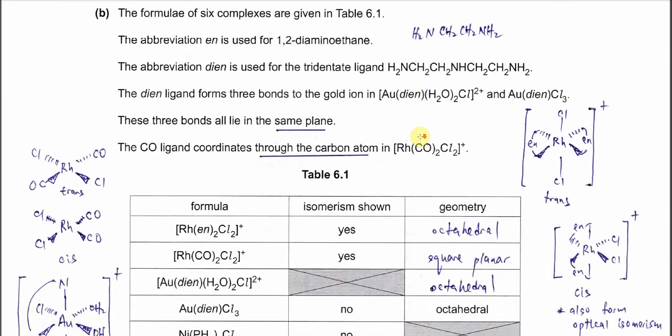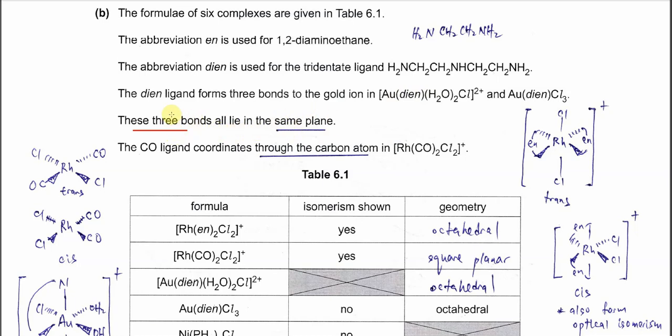For part B, I'm not going to go through this one by one with you, so you can read it. The first 3, we just discussed this one, right? For the diene, all the 3 bonds lie in the same plane.